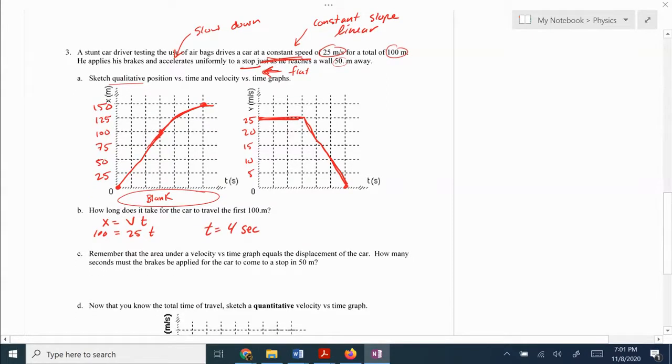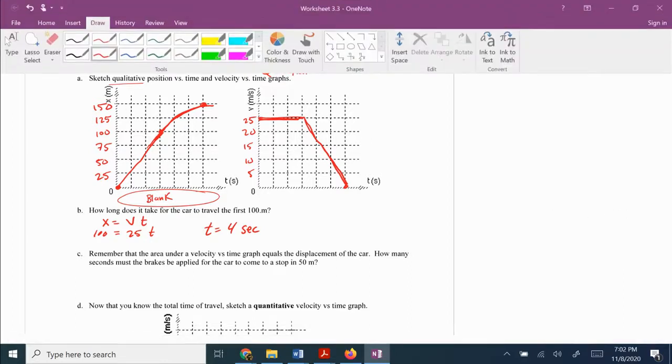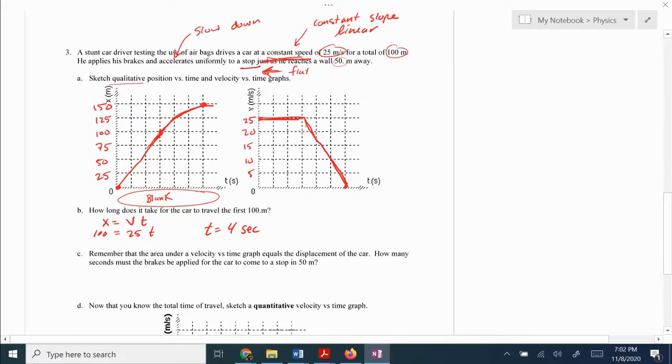Then part C is, remember that the area underneath the velocity versus time graph equals the displacement of the car. So here's our velocity versus time graph on the right over here. How many seconds must the brakes be applied for the car to come to rest in 50 meters? Here's what this is saying. It is saying that the area underneath the graph, this area right here, which is a triangle.